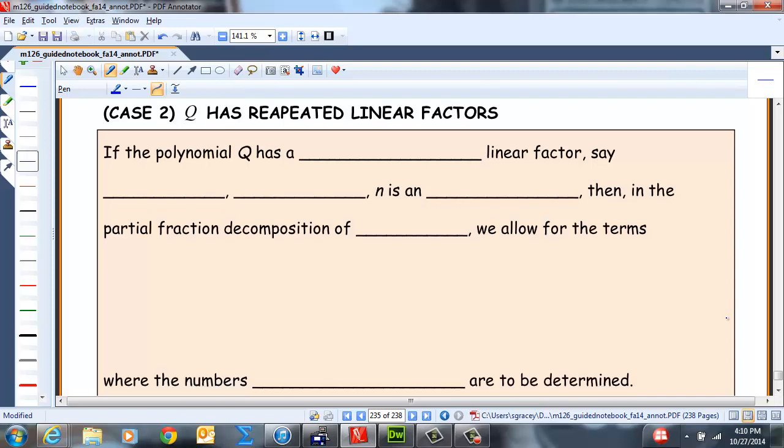Well, you need to represent every possible power of that linear factor.